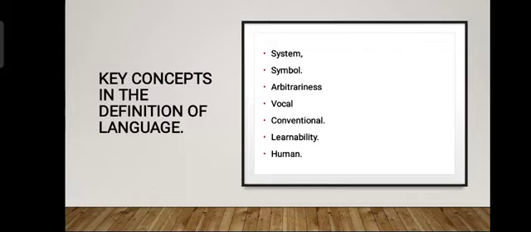Language is constituted by subsystems which involve speech sounds: the phonological system, morphological system, syntactical system, semantical system, and lexical system. I will be giving you a brief definition of these systems. The first one is the phonetic system.